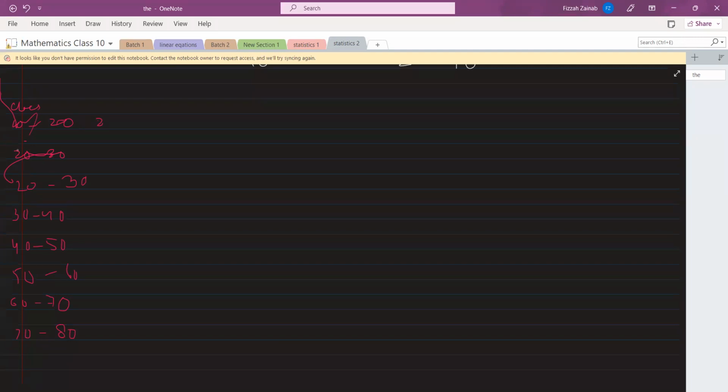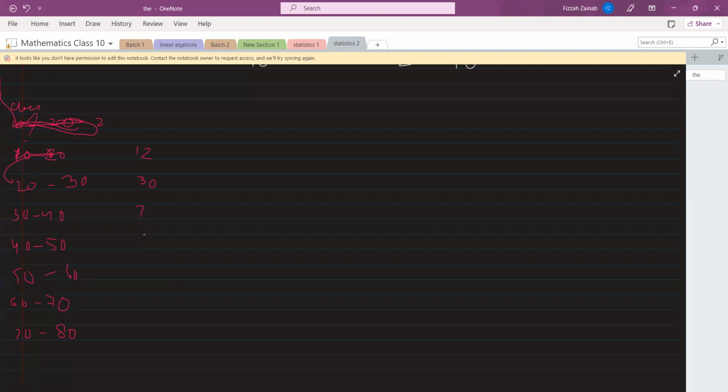Okay, so let's make this 10 to 20. Just leave this one. So the corresponding frequency I'm just writing here. This 10 to 20 is 12. Next, 20 to 30 is 30. Now 30 to 40, this frequency is missing here.